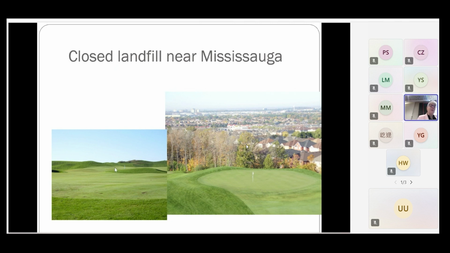Repurposing landfills is good, but make sure that you don't put buildings on top of it, because you'll still have settling of the waste, and potentially infiltrations of methane gas into the building. So putting buildings is not a good procedure, but other things like parks and golf courses are good ways to redo old landfills.